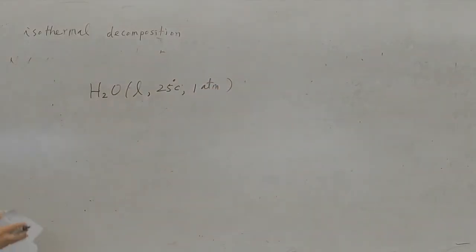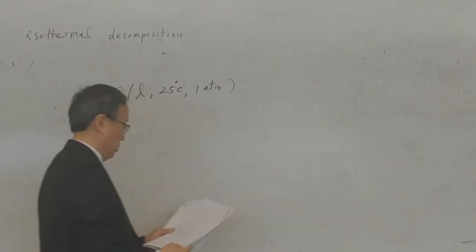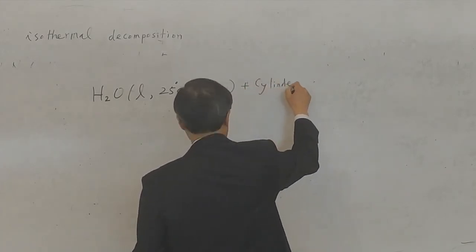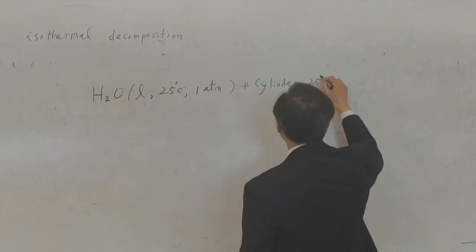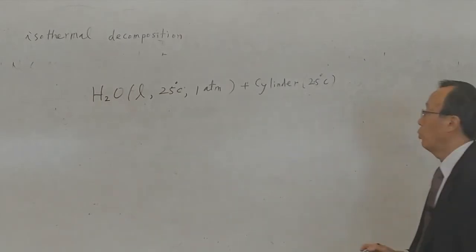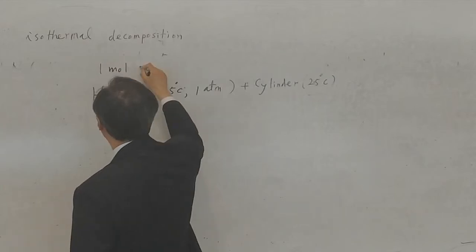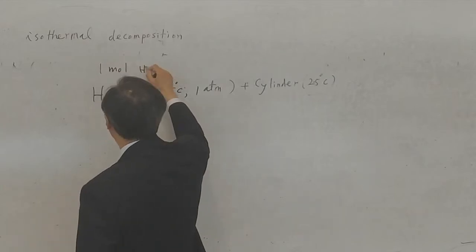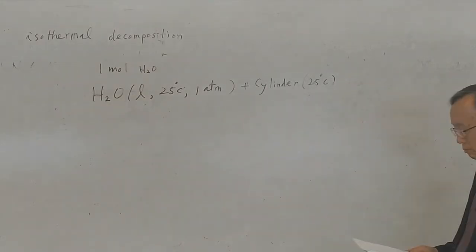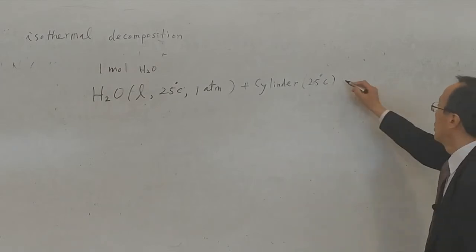So at the steady state, liquid state H2O is put in a cylinder. They also maintain 25 degrees. So we put one mole of water, one mole H2O in the cylinder at the same temperature, same pressure.